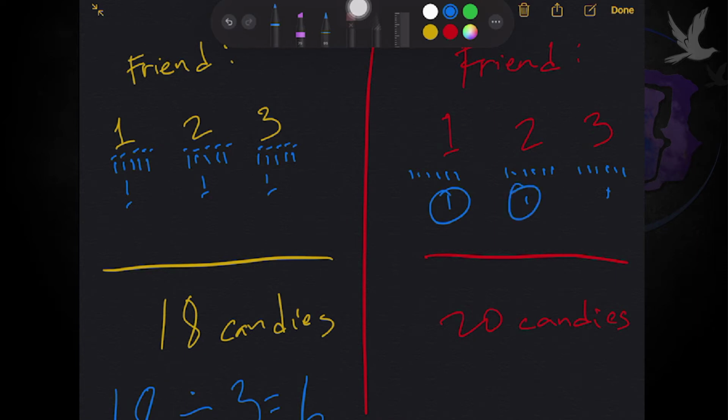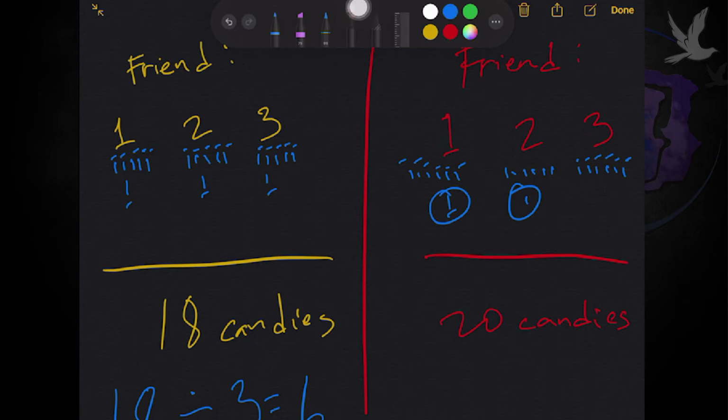Else, if we are dealing in real life, number 3 will feel bad. Of course, number 3 will say, "Oh, why do they get to have 1, 2, 3, 4, 5, 6, 7 candies? Why, and while I only get 1, 2, 3, 4, 5, 6 candies?" Right? That would be sad.